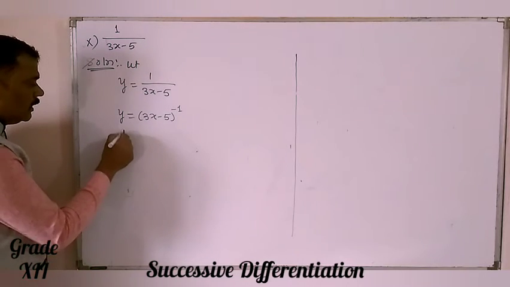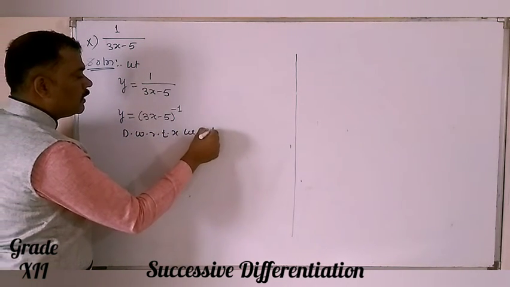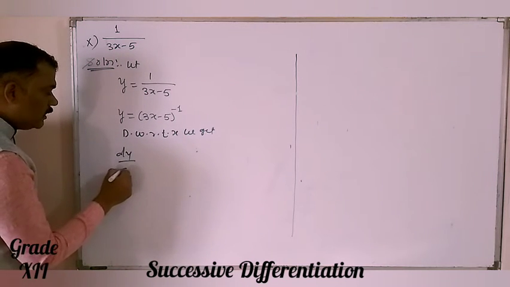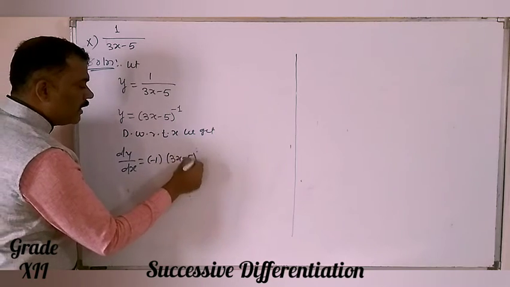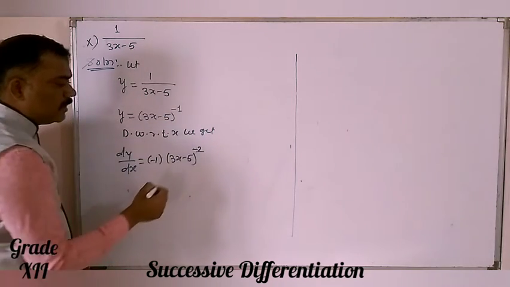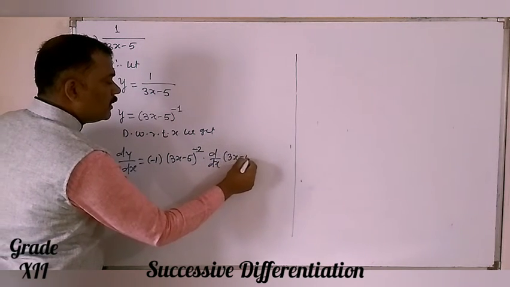We get dy by dx is equal to, take the power as it is. From the power, we have to minus 1, that is minus 1 minus 1, that is minus 2, into d by dx of 3x minus 5.